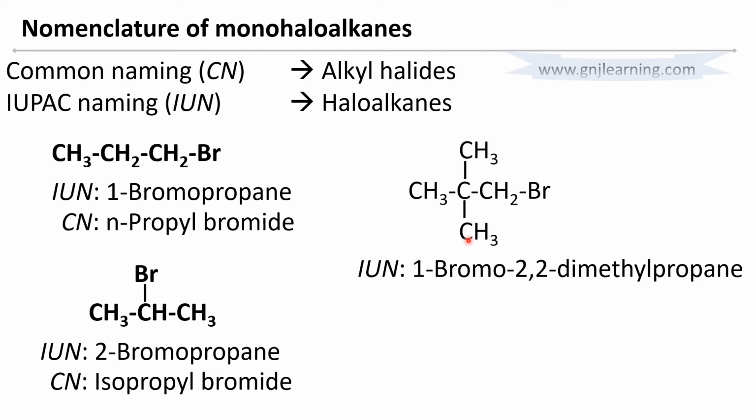So we call it neopentyl bromide. Clear? Neopentyl bromide. We have seen this neopentyl group when we were discussing that there are certain branches that are accepted by IUPAC. Clear?